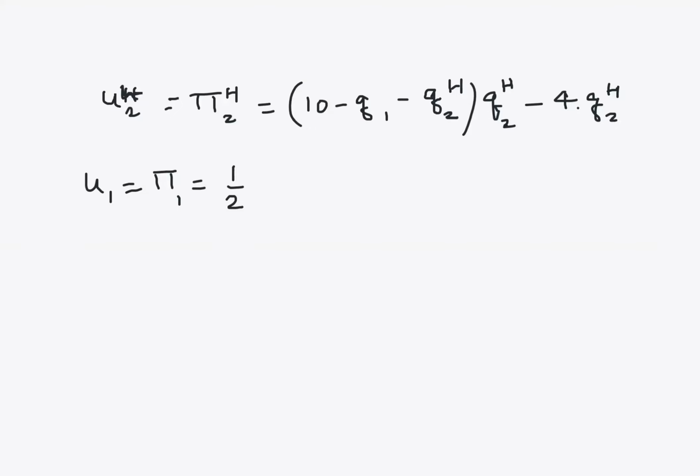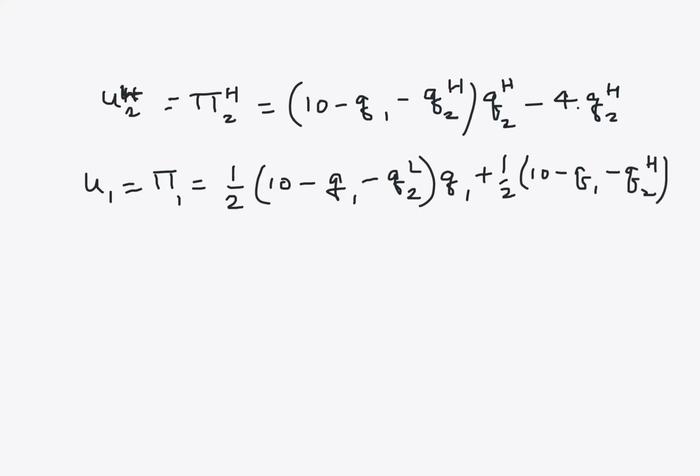So the quantities will vary depending on the type of firm 2. So half times (10 minus Q1 minus Q2L), low cost type, times quantity, and then half times (10 minus Q1 minus Q2H) times Q1. We have assumed that firm 1 doesn't incur any cost of production, so we don't have to write the cost out here.